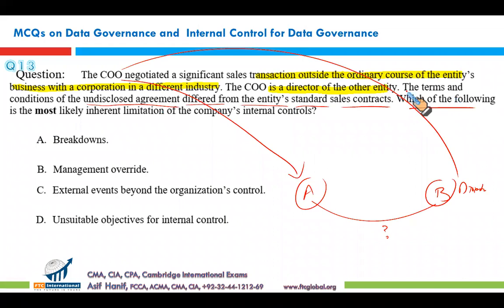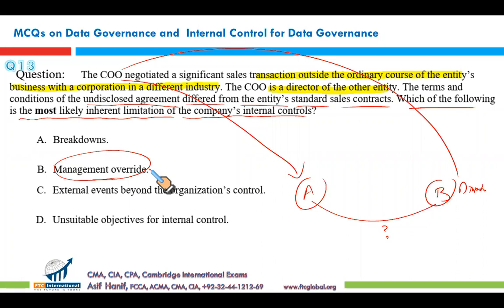Which of the following is the most likely inherent limitation of the company's internal controls? Clearly, management has overridden. Management has gone beyond what it should not have. There are certain limits defined, and management should not have gone beyond these controls. This is called management override.